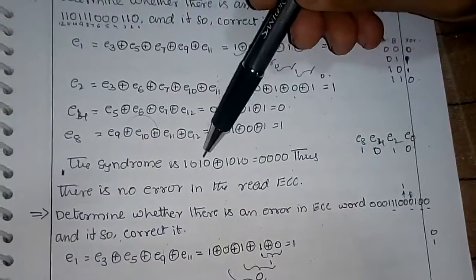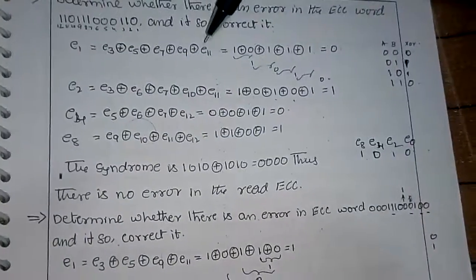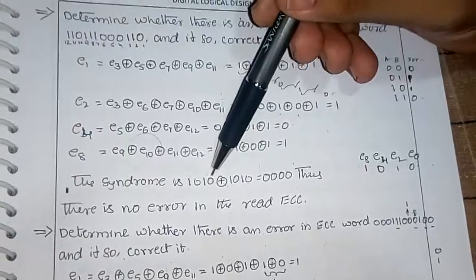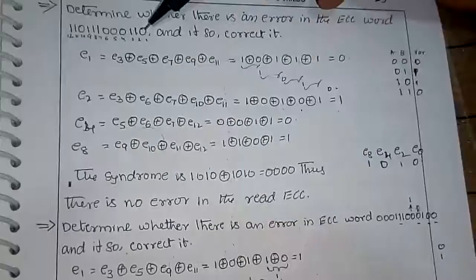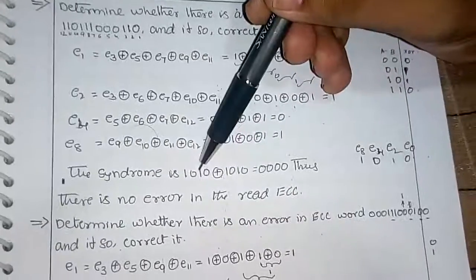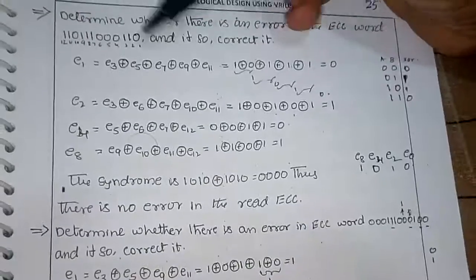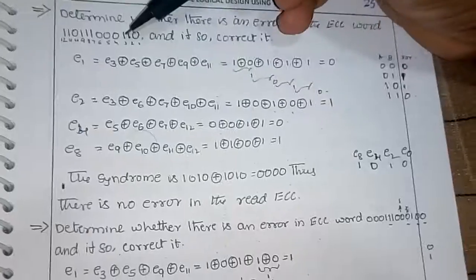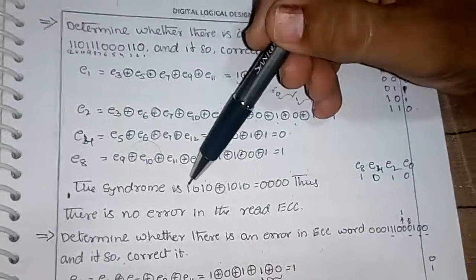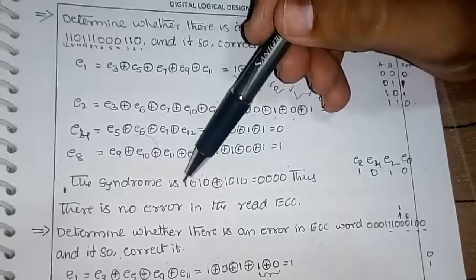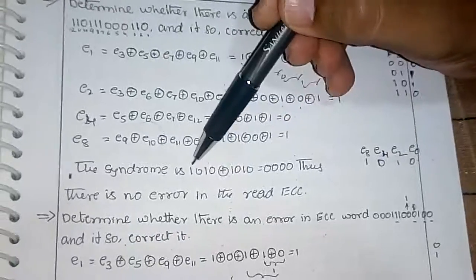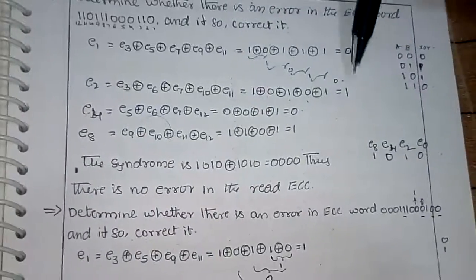The corresponding values given for E1 is 0, then E2, E4 and E8. The syndrome is this, whatever error is generated.